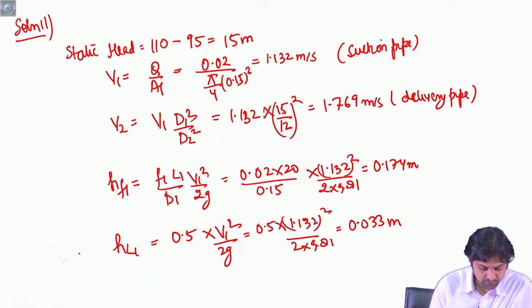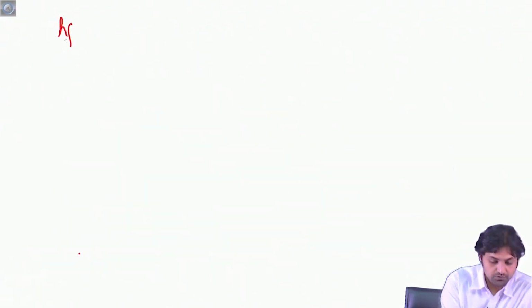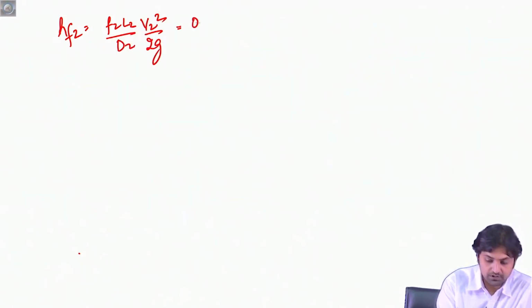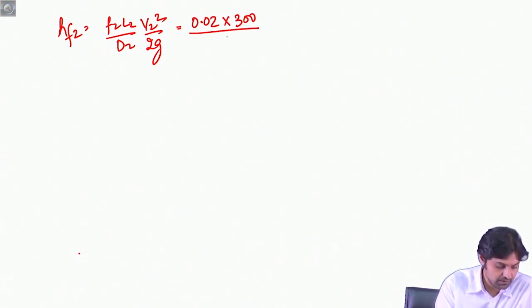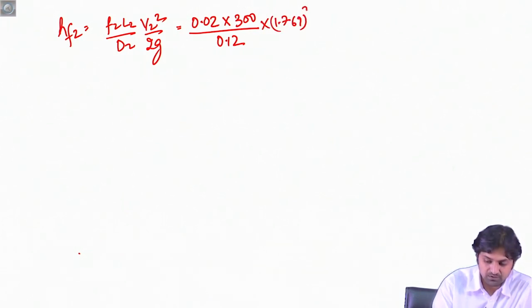Now we are going to see HF2. The major loss in pipe 2 will be F2 L2 by D2 into V2 squared by 2g. F2 is also given as 0.02, length is 300 meters, into D2 which was 0.12, into 1.769 squared by 2 into 9.81. That comes out to be 7.97.